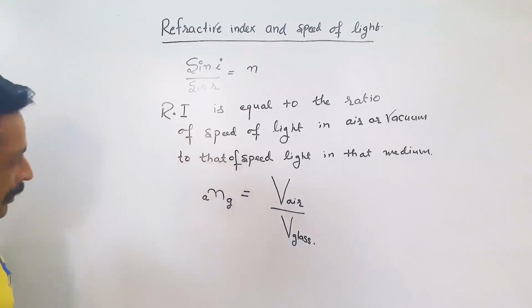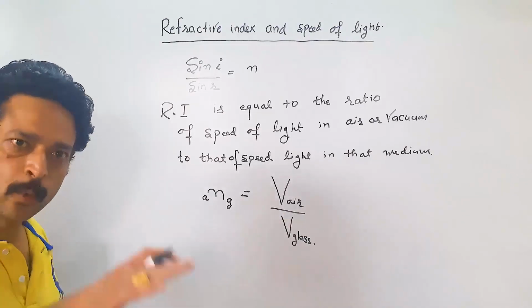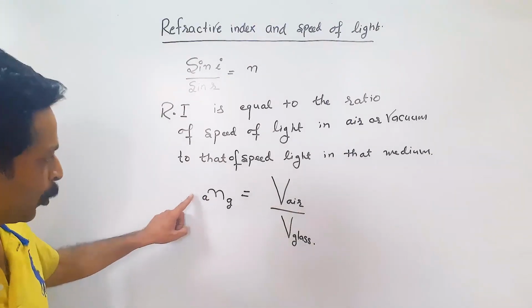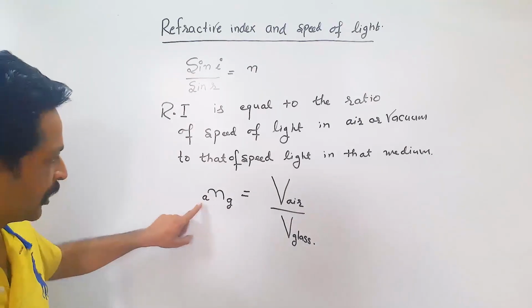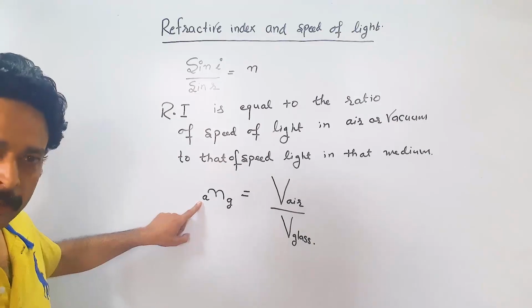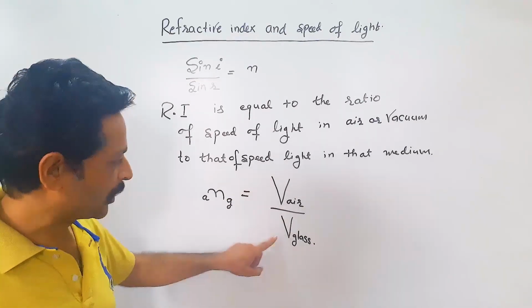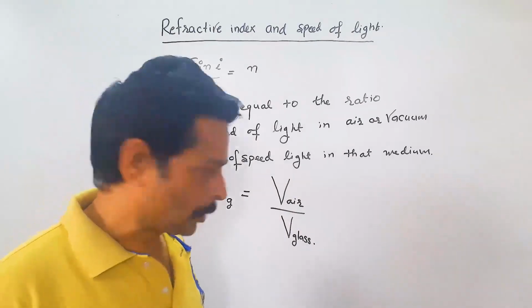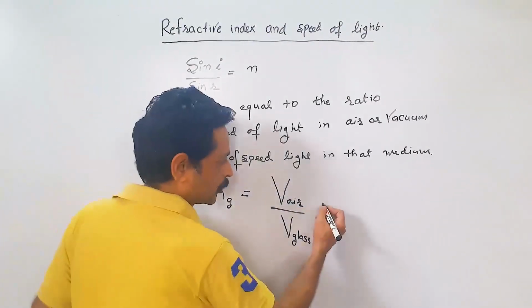Suppose we want to find the refractive index of glass when light goes from air to glass. The refractive index of glass with respect to air will be equal to speed of light in air over speed of light in glass. And we can find it also.